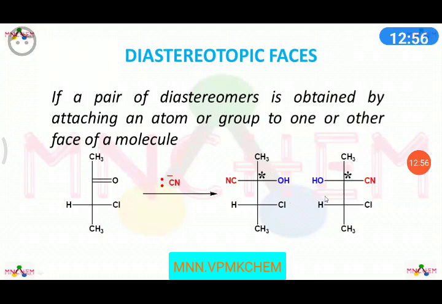So this molecule has two faces, cyanide attacking from the front face or cyanide attacking from the back face, which are diastereotopic. They give products which are diastereomers of each other. So this is all about the heterotopic phases, enantiotopic as well as diastereotopic.